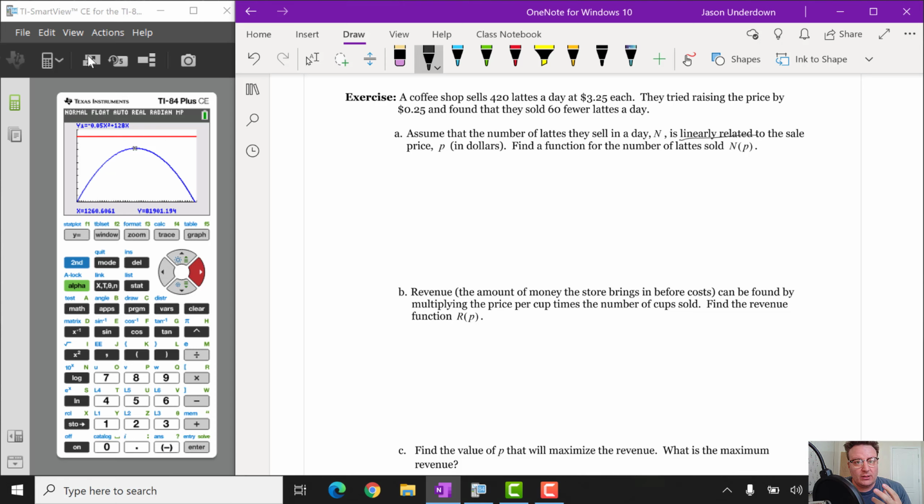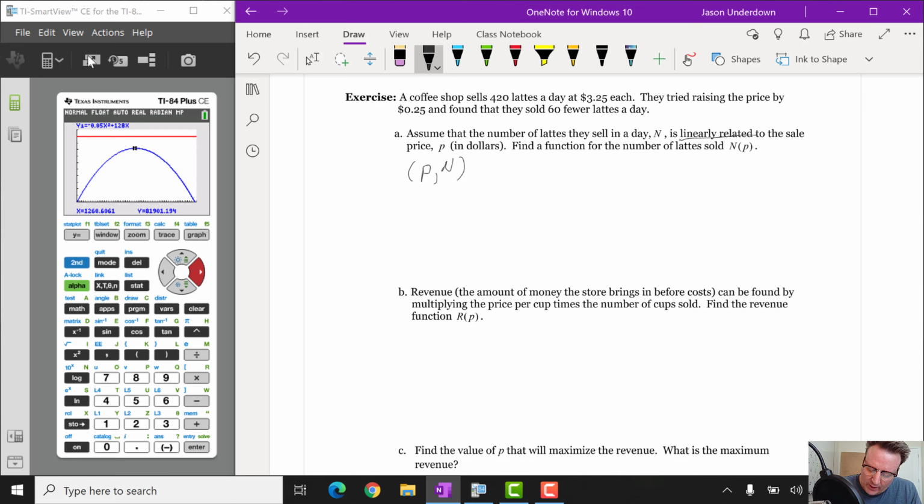And we need P comma N pairs. The P is the independent variable. Price is what we have control over, and the number of lattes sold depends on the price. So P is the independent variable and N is the dependent variable. And so we need 2 P comma N pairs.